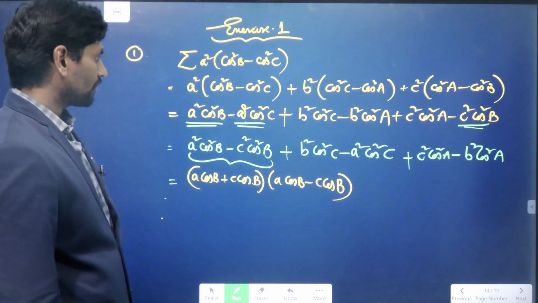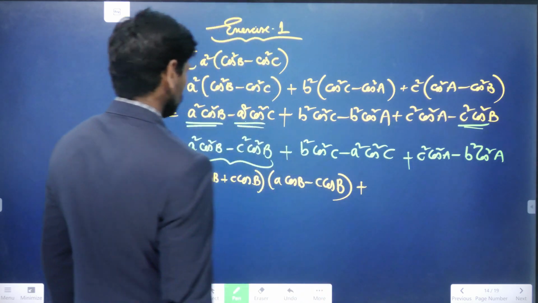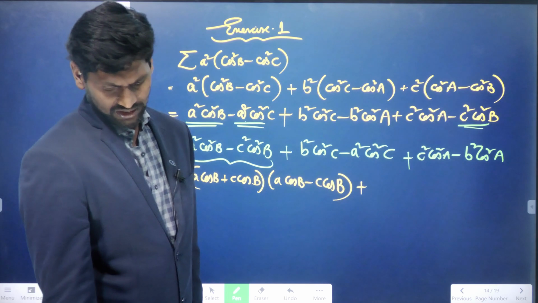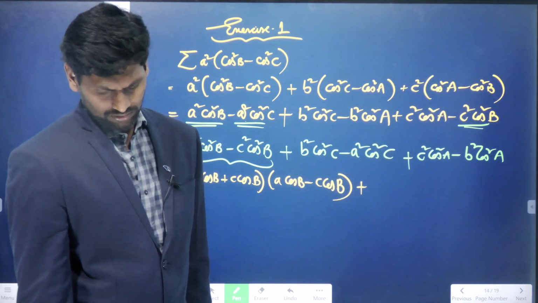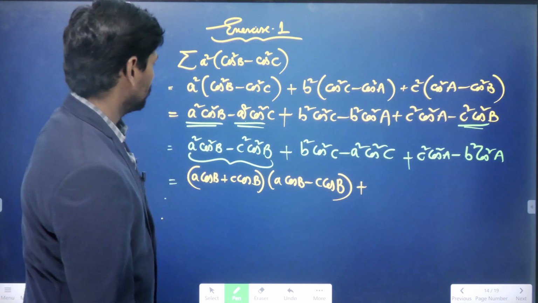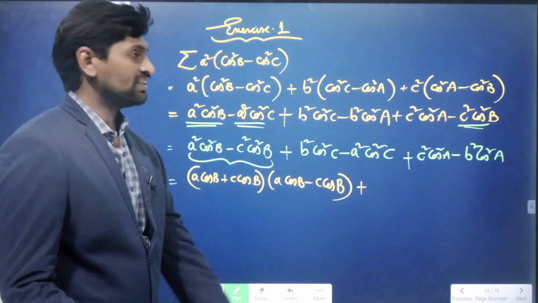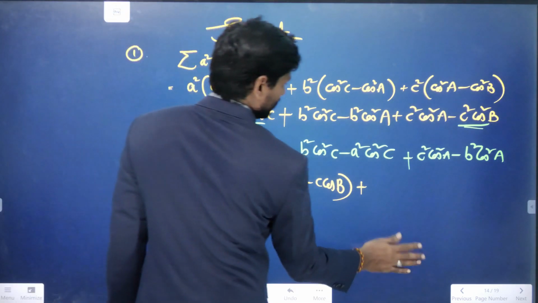Okay. Now for this one also, do we have any chance of applying that? We are not getting any formula, so we do one thing: up to here, the first two steps, we leave like that. So what is the remaining?